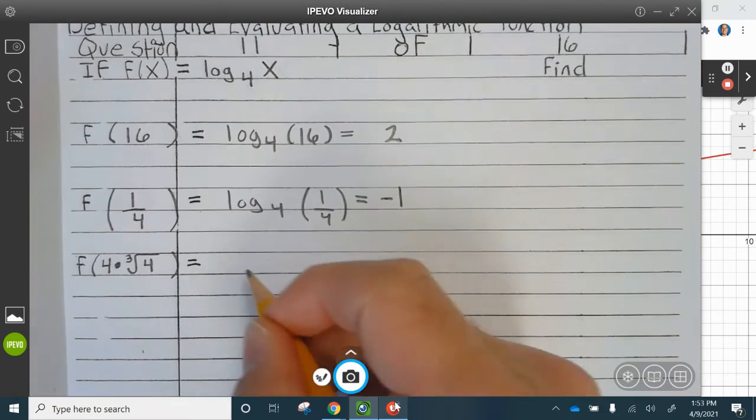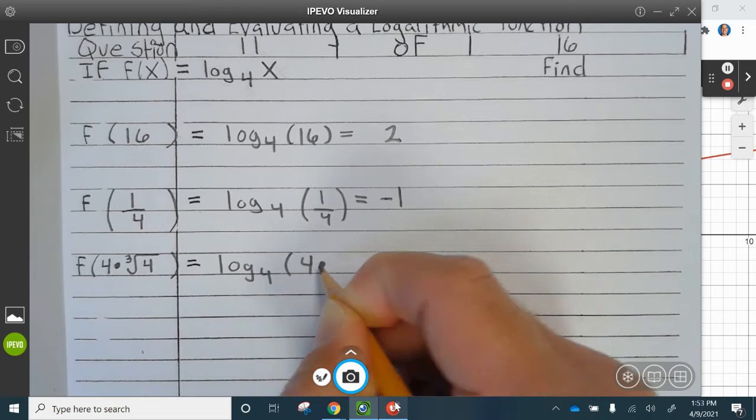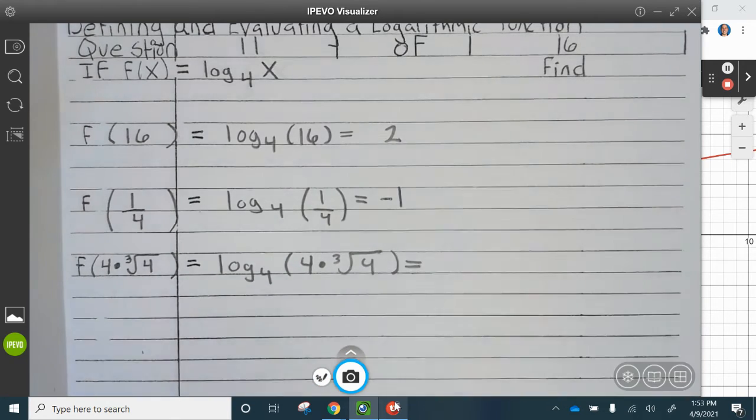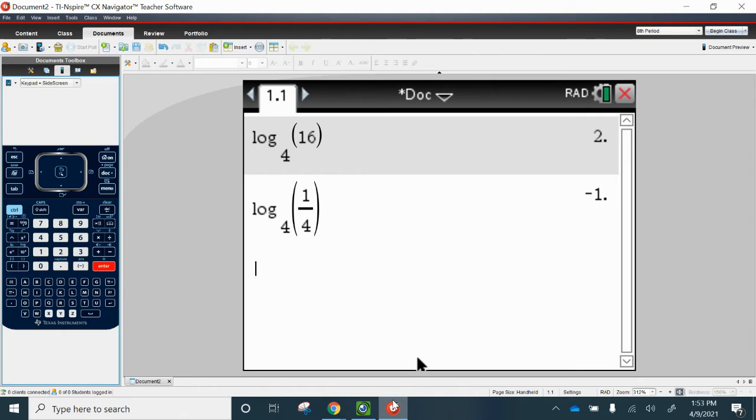And then this is log base 4 of 4 times the cube root of 4 equals. So control log base 4 of 4 times control, we want this one.